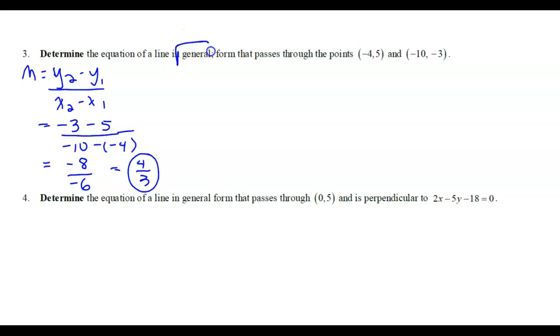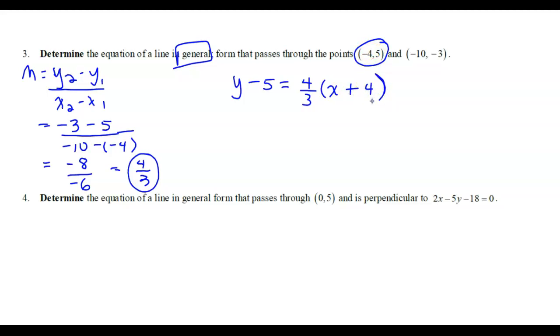We have to end up in general form, but there's no real way of getting to that general form without either putting it in slope intercept form or slope point form. So you decide which point you're going to use. I'm going to use this one. So it'll be y minus 5 equals 4/3 bracket x minus negative 4, which is going to be plus 4.